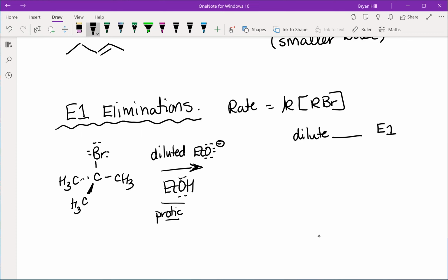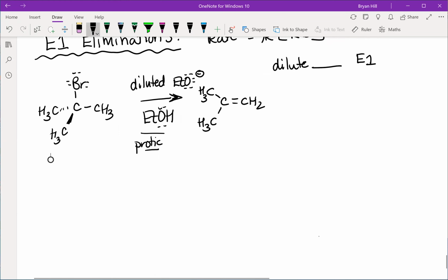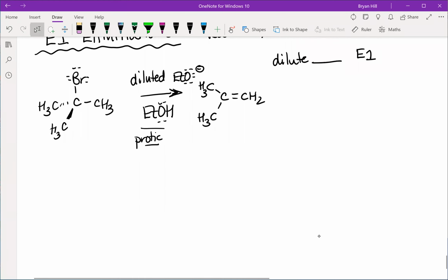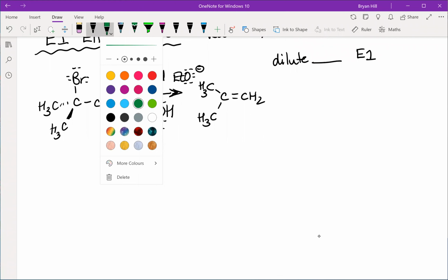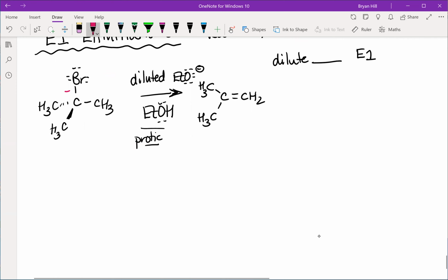And then our final product over here would look like this: CH2, CH3, CH3. Now, if we wanted to do the mechanism of this, of course, the first step is that the leaving group takes its electrons and leaves.